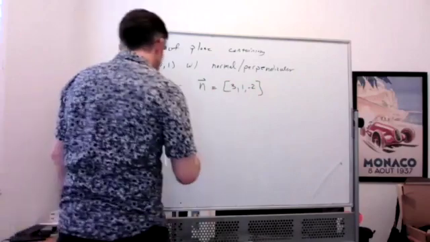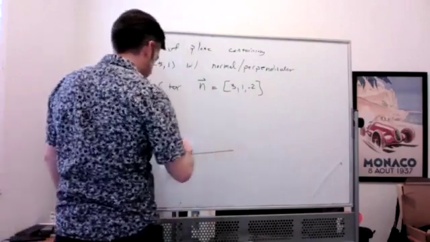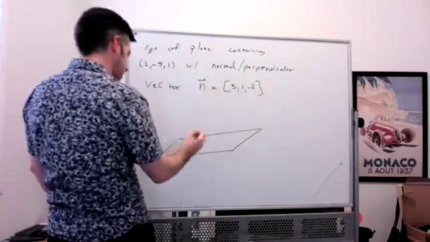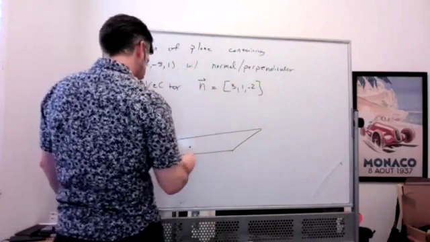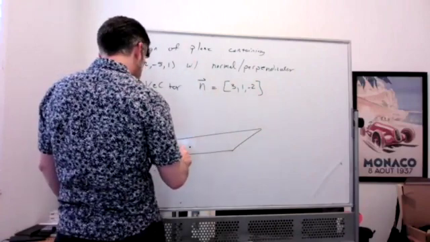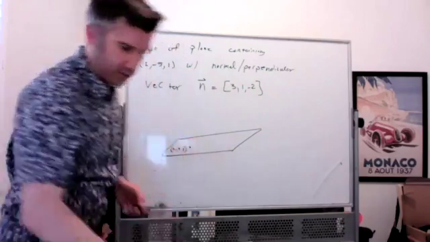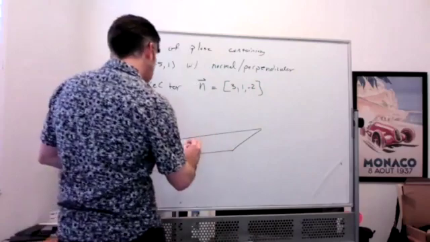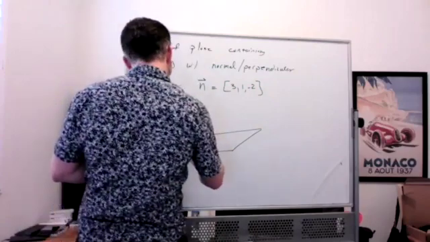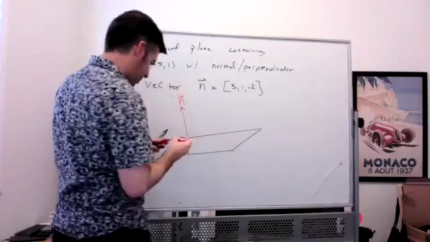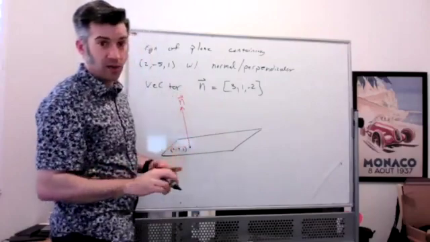So here's the idea. You've got this plane. And in this plane, we know there's the point (2, -5, 1). And then we also know that there's this normal vector n, and we know that it's perpendicular to the entire plane.